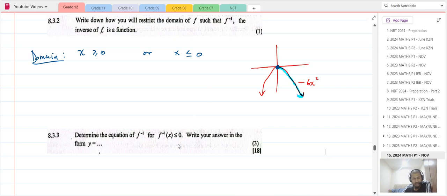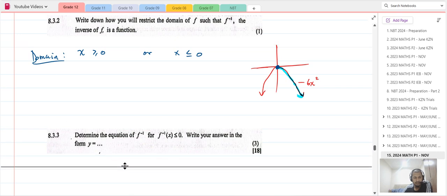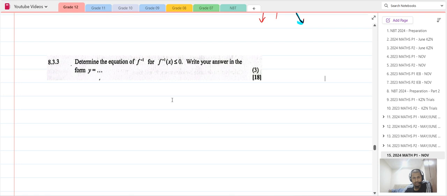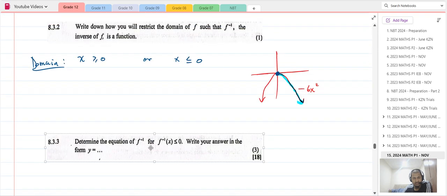Determine the equation of f inverse where x is less than or equal to 0. Write your answers in the form y equals. Alright, so I'm going to find the equation of f inverse here.